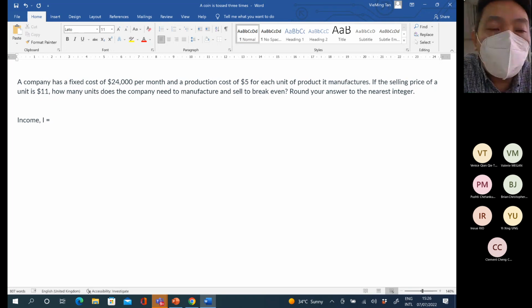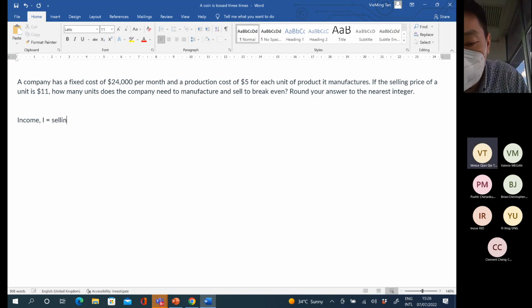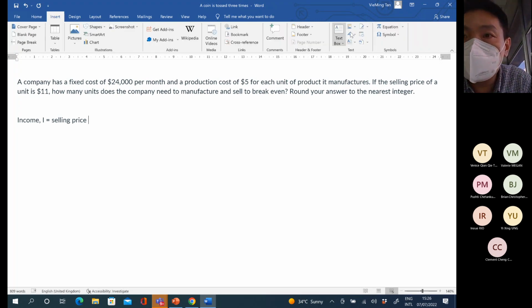So remember what is the formula that you can form for income? Income is equal to, what is the formula in order to get income? Selling price, multiply n, right? So I insert this.